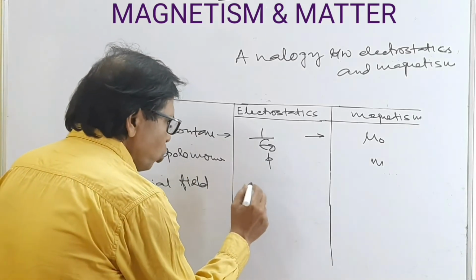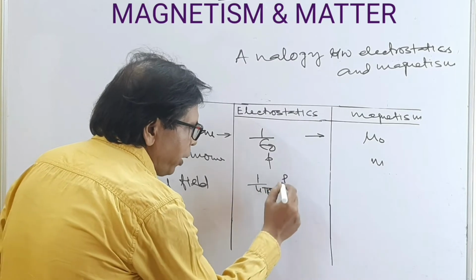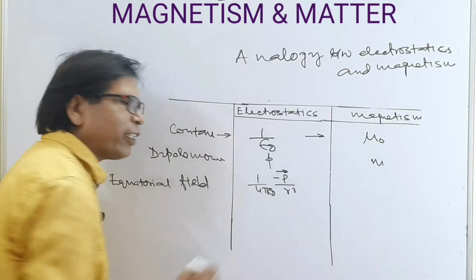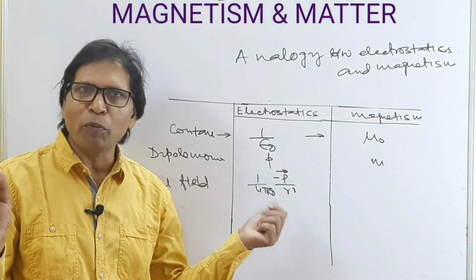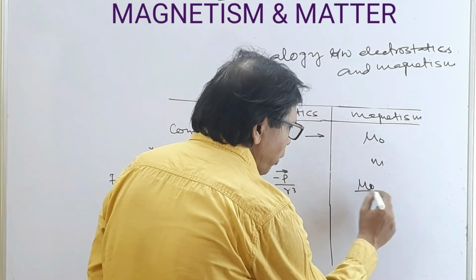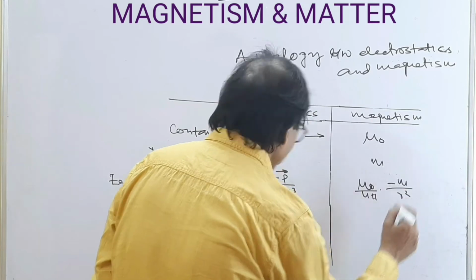Now equatorial field is equal to 1 by 4 pi epsilon naught P divided by R cube and is directed opposite to the direction of dipole moment. And in the same way, this is mu naught by 4 pi and minus M divided by R cube.